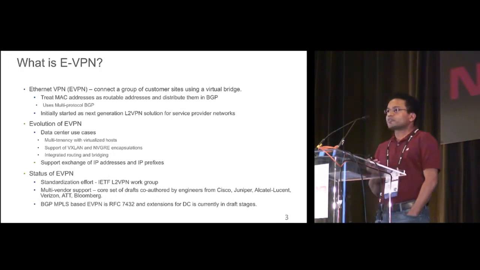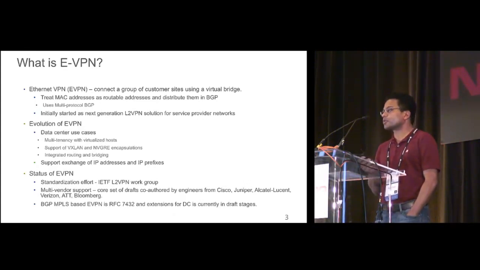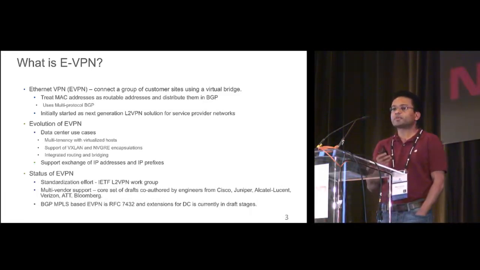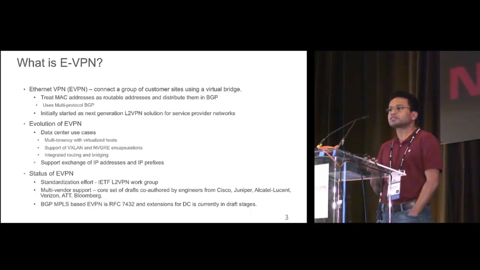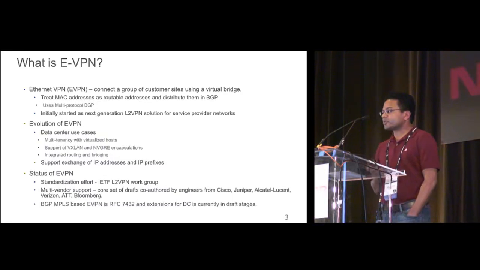The current status of EVPN is that there's a standardization effort going on in the IETF L2VPN work group. There's multi-vendor and network operator support, who are co-authors of the EVPN MPLS RFC as well as the EVPN VXLAN drafts. BGP MPLS-based EVPN is RFC 7432, and the extensions for EVPN into the data center are currently in the draft stages.